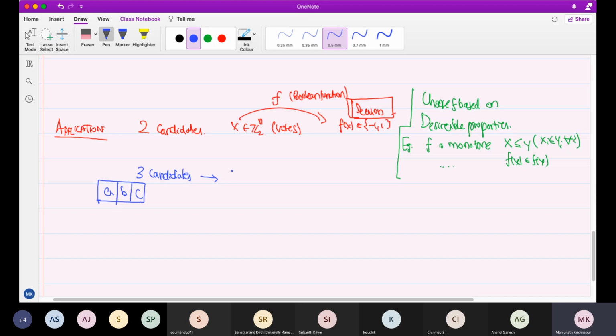One of the possible ways is you do pairwise elections. So let's say A versus B, an election. B versus C, an election. C versus A, an election. And then try to put those decisions together to arrive at a decision. Can we do that? What are the problems? That is the application we are going to go into.